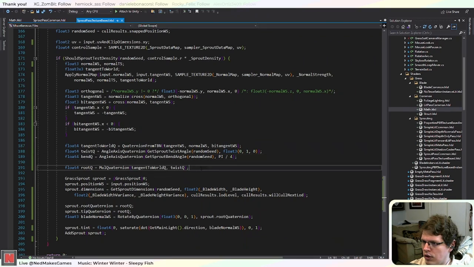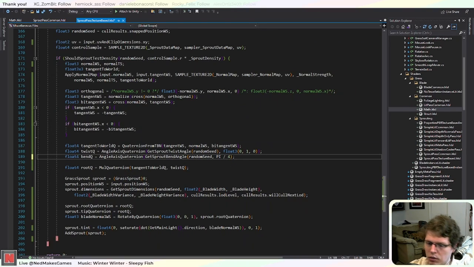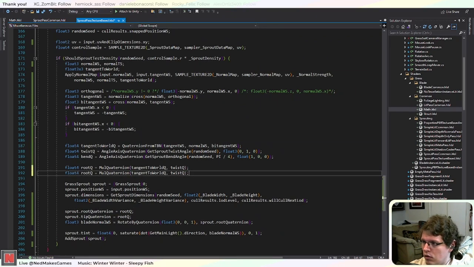Okay, so for the tip, I need to apply, oh wait, we're going to bend along the x-axis in tangent space, and so it needs to twist first, then bend, and then convert to world space.